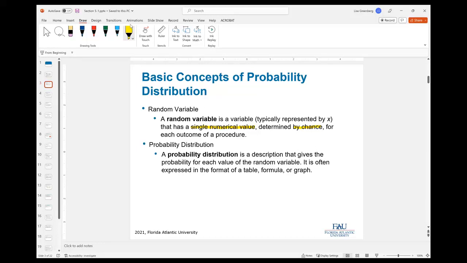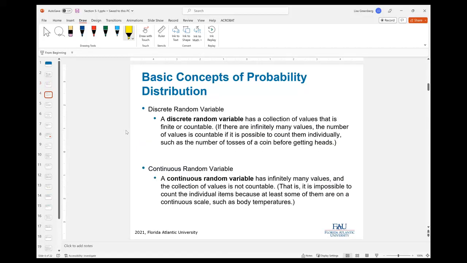And then the probability distribution is a description that gives the probability for each value of a random variable. We can express it as a table, which we've seen, formulas, which we've seen and not really used much of, or a graph. We've seen some graphs also. So I'm going to go through and show you how everything is done.